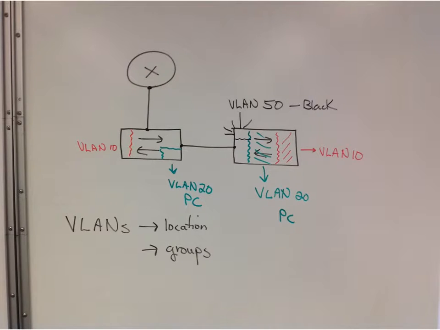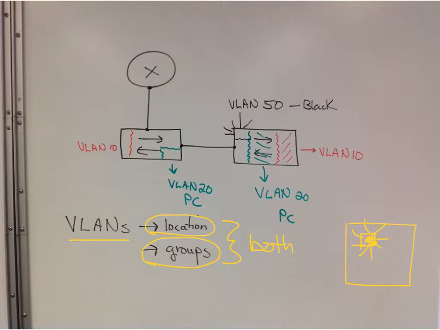So let's take a look at this example here. First of all, VLANs. You create VLANs in some cases based on location, in other places based on groups, and sometimes both. What that means, for example, at the college, in a building, they'll have a wiring closet that will service a certain part of the building, and that will have VLANs based on that.